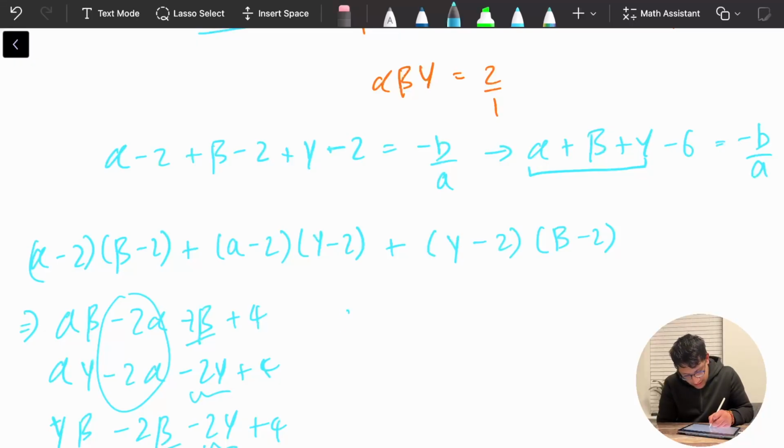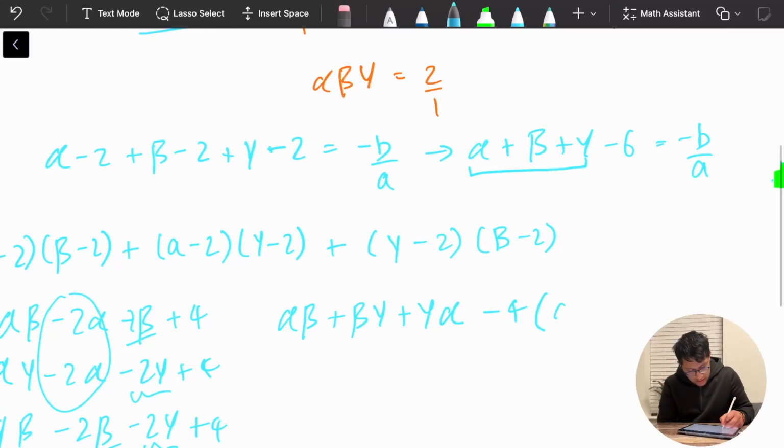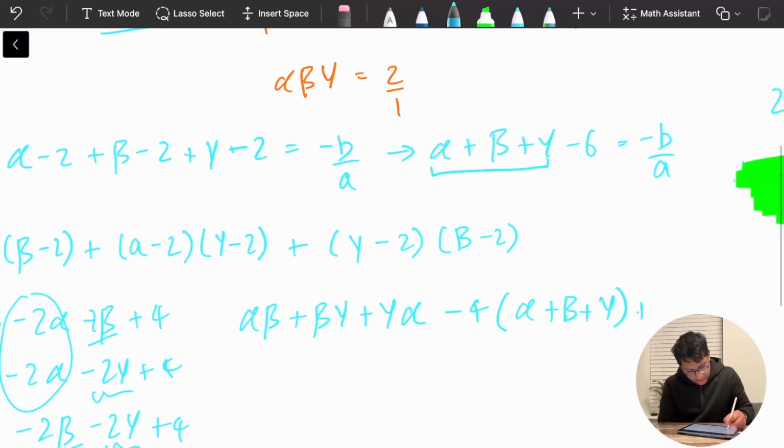So it looks like alpha beta plus beta gamma plus gamma alpha, plus minus 4 times alpha plus beta plus gamma, plus 12 equals c by a.